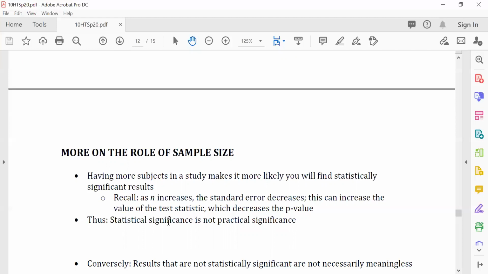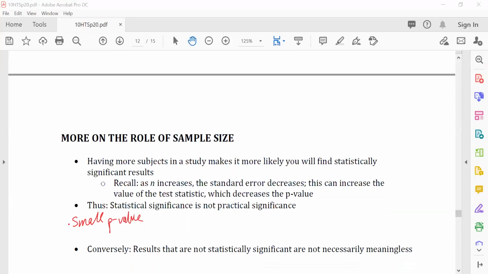You really have to look at the context of your practical question. So a small p-value does not indicate that the results will have a meaningful impact.